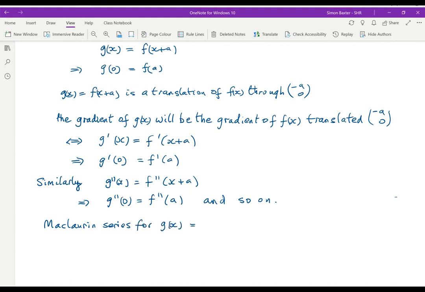This is g(0) plus x g'(0) plus x squared over 2 factorial g''(0) plus x cubed over 3 factorial g'''(0), etc. Well, g(x) at the top of the page is f(x + a).